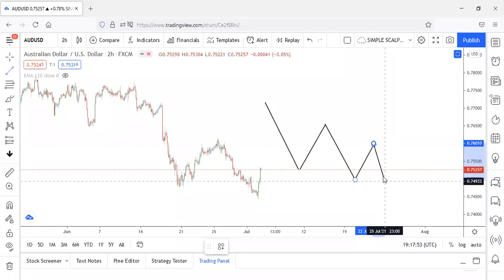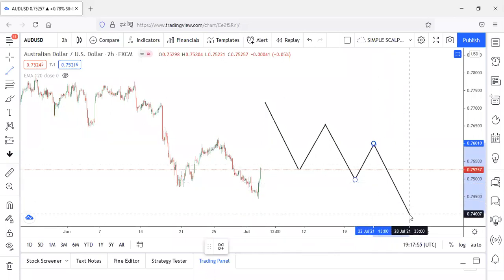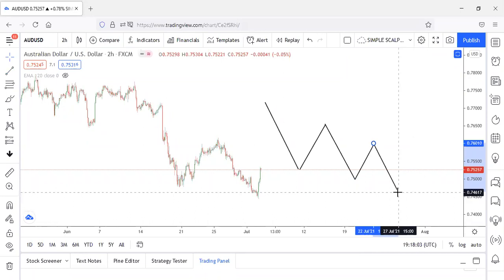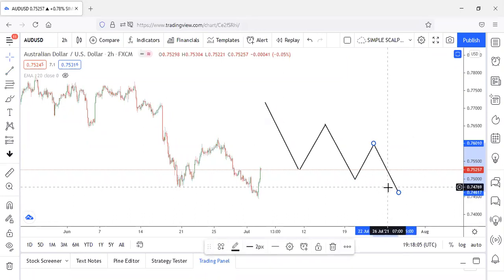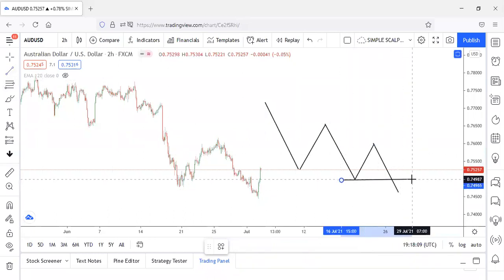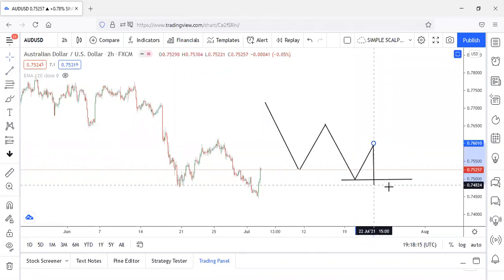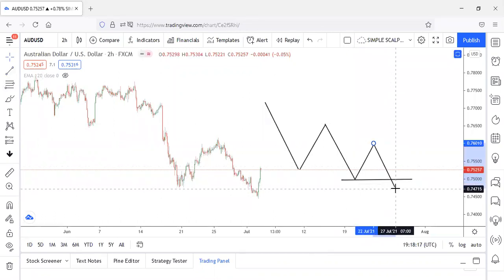It does not matter how long or far this travels, or if it's as short as this. The only thing you want to be sure of is that this level gets taken out, which means the continuation move breaks this level. I hope this is very clear.